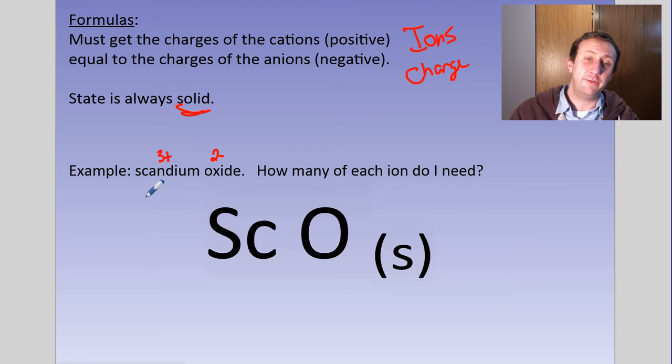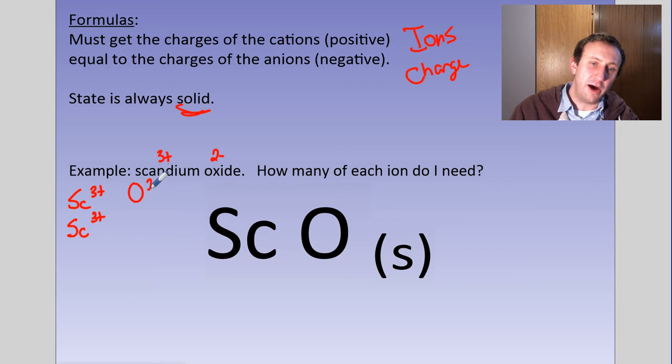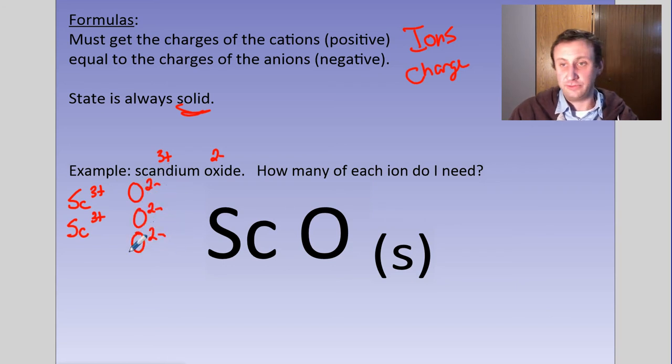If I have 2 scandiums with a 3 positive charge, and then I have 3 oxides with a 2 negative charge, this is where I can make the charges equal. 3 positive and 3 positive, I have 6 positives from the scandiums. And then 2 negative, 2 negative, 2 negative, I have 6 negatives from the oxides. So that makes it equal. Now the charge is essentially neutral for the compound.